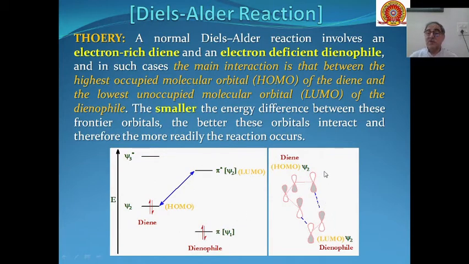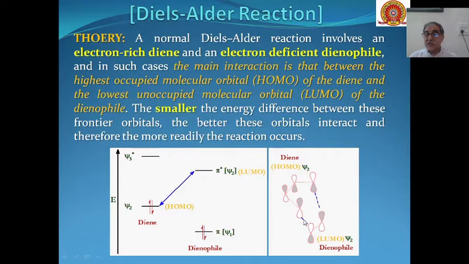So this is how the orbitals interact to form a product in the Diels-Alder reaction. This is the highest occupied molecular orbital of the diene. As you know, this is Psi2 and its orbital lobes will be like this, whereas in the LUMO Psi2 of the dienophile the orbital lobes will be like this, and you can see over here this will be an effective overlap as both the lobes have the same sign.